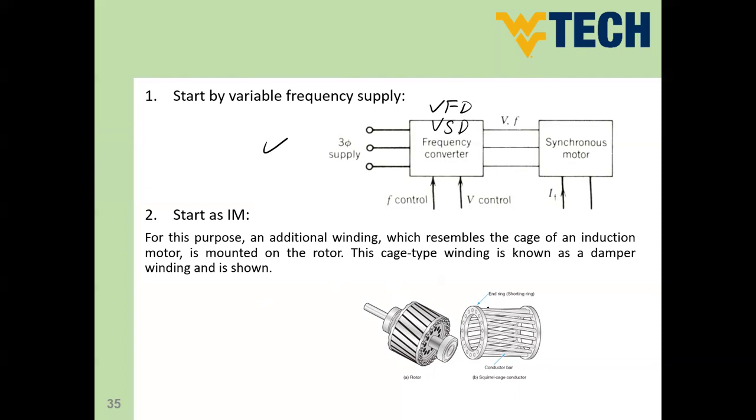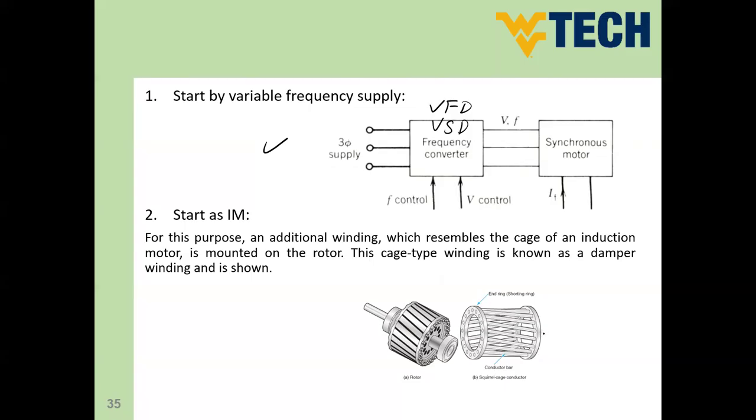How? The induction motor, guys, has a rotor like that. We will discuss the induction motor in the next topic, okay? But for the time being, we need to know that we have a cage inside the rotor. What does the cage mean for us? It means we have rotor bars, and these rotor bars are shorted from both sides.